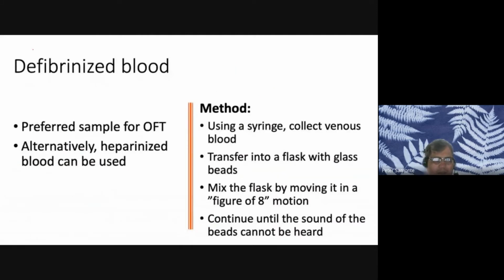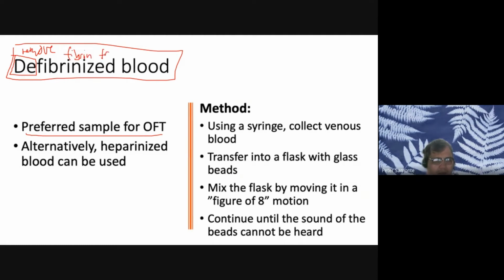The preferred sample, class, for your osmotic fragility is what we call the defibrinated blood. Now, from the prefix de-, meaning remove, defibrinate would remove fibrin from blood. So, how do we remove fibrin from blood?